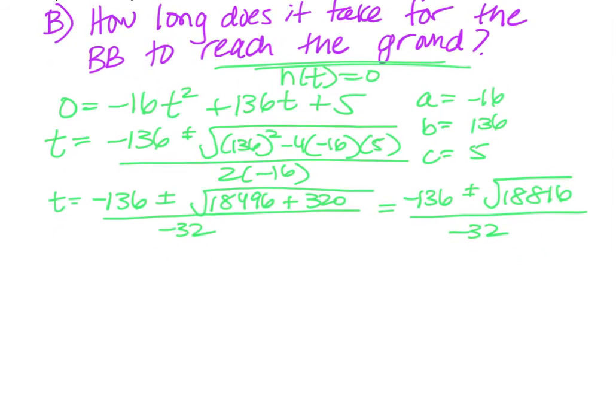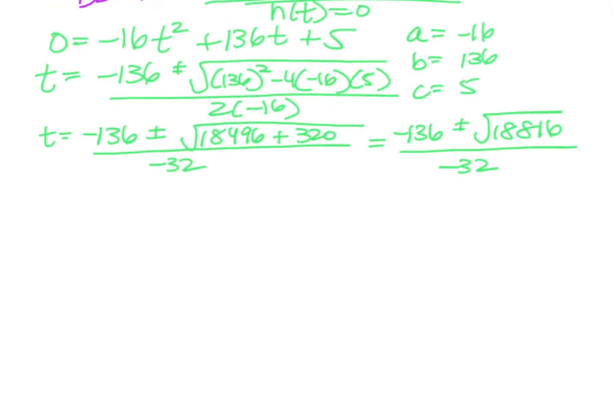Let's see. I'm going to have to round this, that's not a perfect square. So I'm going to get -136 plus or minus the square root. This is not a radical that I would expect you to put in lowest radical form with a huge number like that.